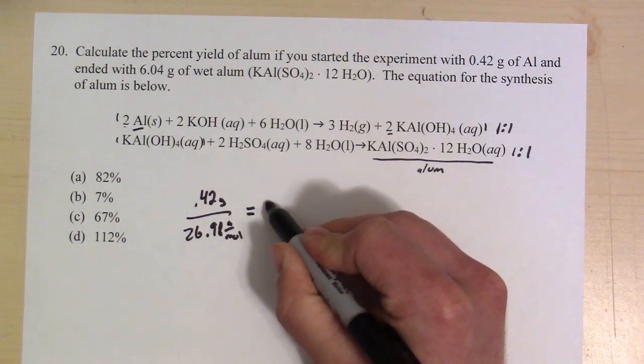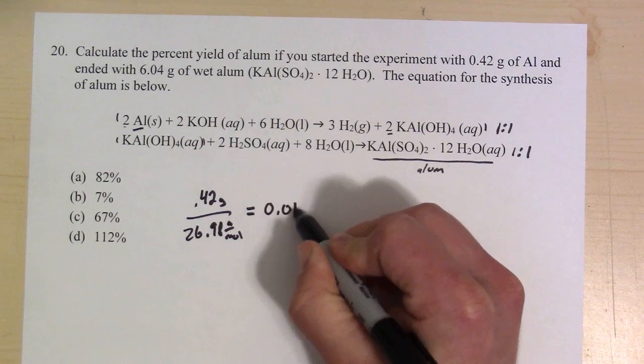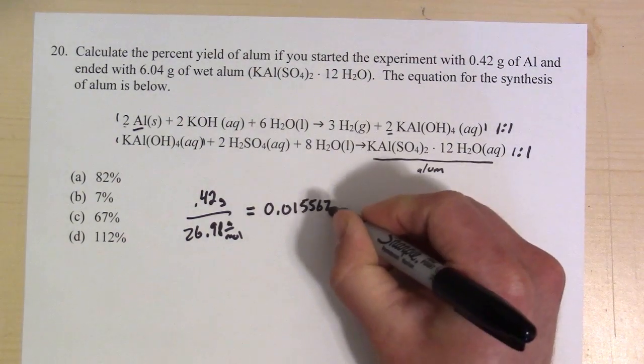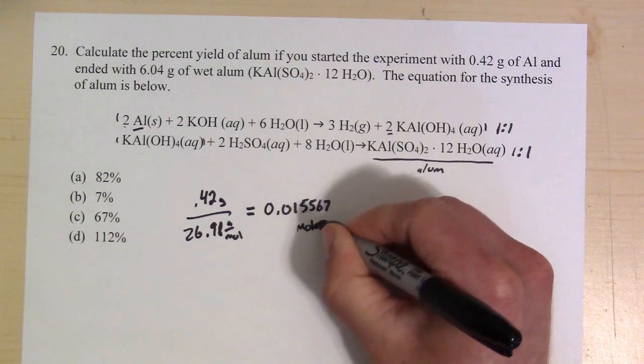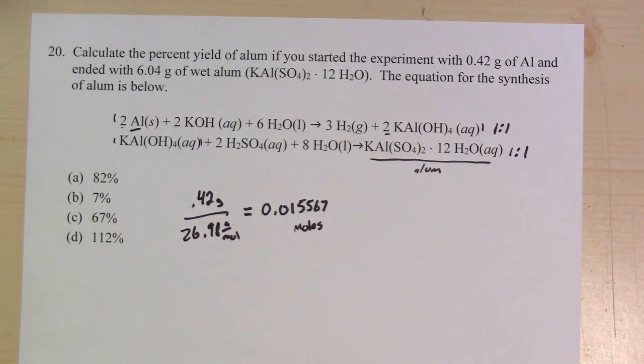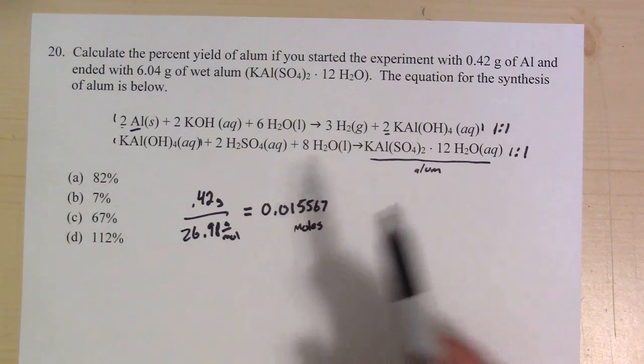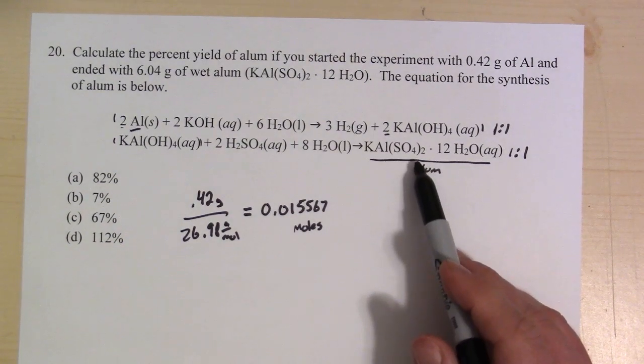When we divide those two, we get 0.015567 moles. So we start with that many moles. If we get 100% yield, we should get that many moles of alum back.